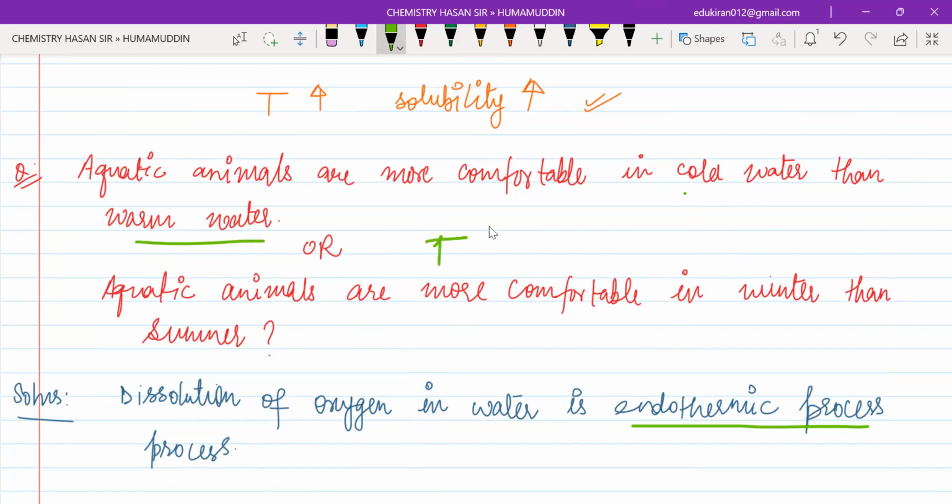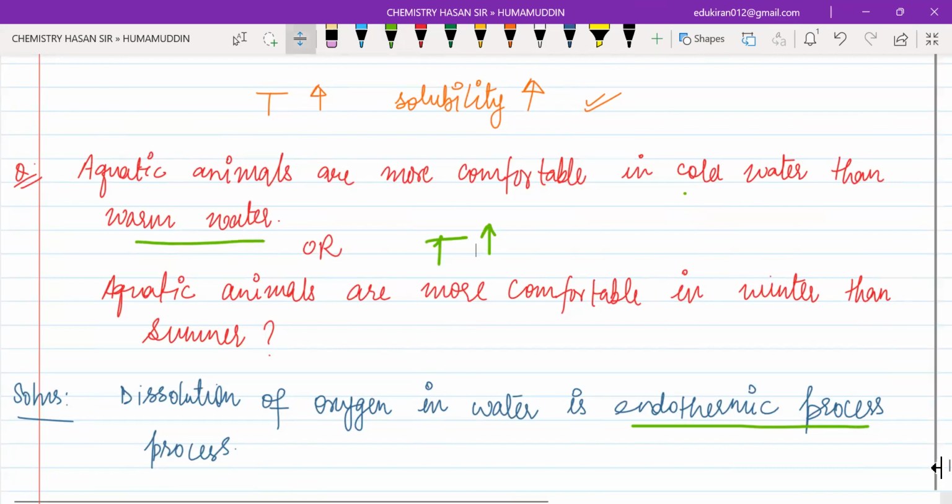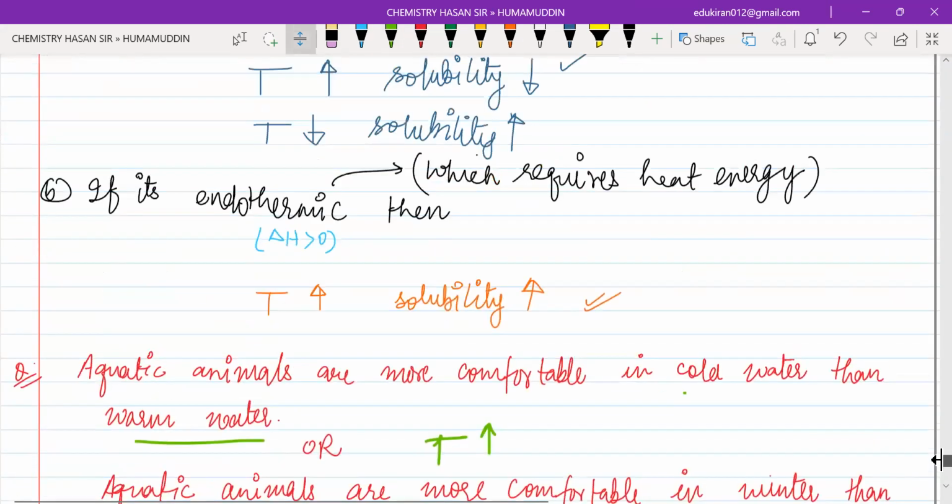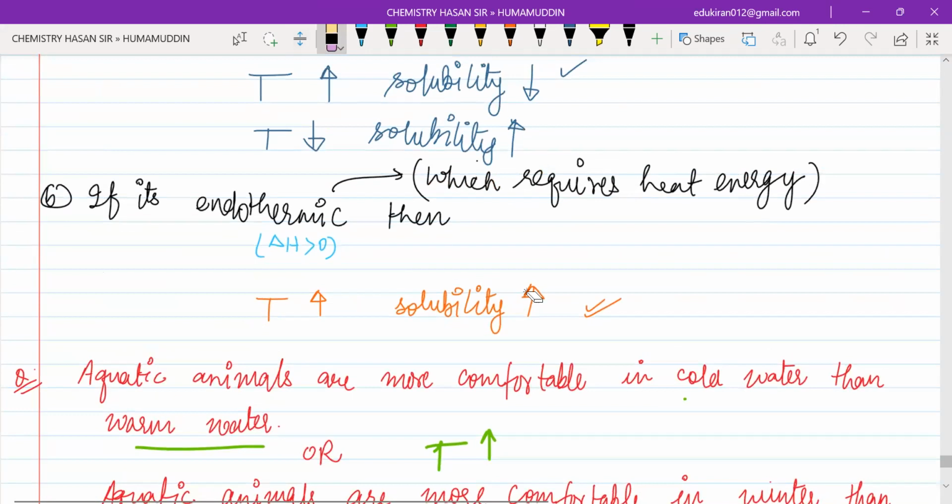that means temperature increases, and when temperature increases, oh, wait a minute, endothermic process, I just did it wrong here. Have you written it the same?